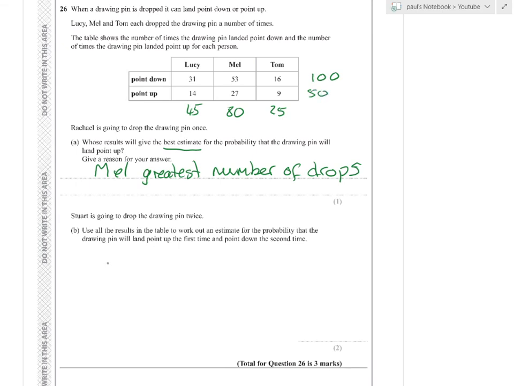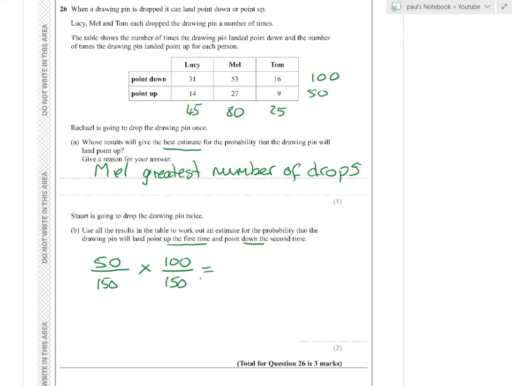So we're going to have a point up first time. Point up is 100 out of, it's 150 altogether, isn't it? So 150, and then the next one, point down, will be 50 out of 150.